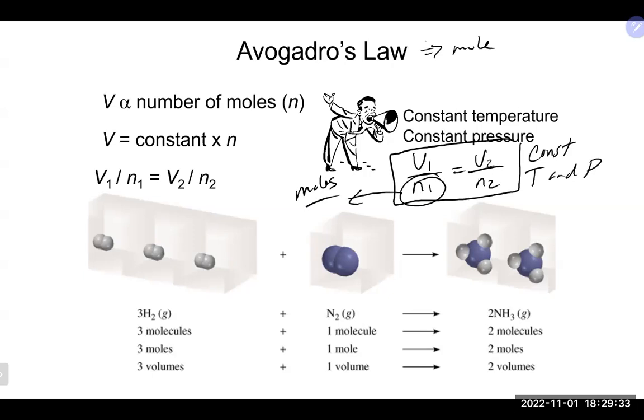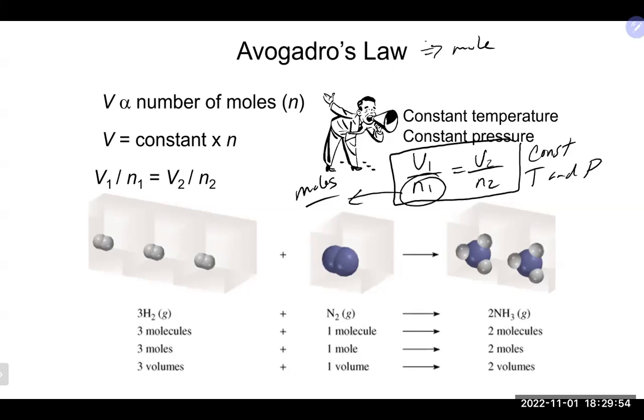So Avogadro's law, you can use, obviously, like any other gas law. You can plug and chug if you've got 3 of the 4 and solve for whatever is missing. Another relationship where the idea of Avogadro's law comes into play really nicely is when you are doing gas stoichiometry.